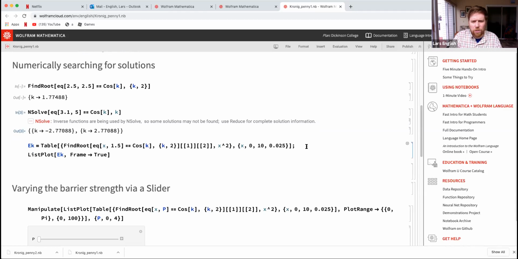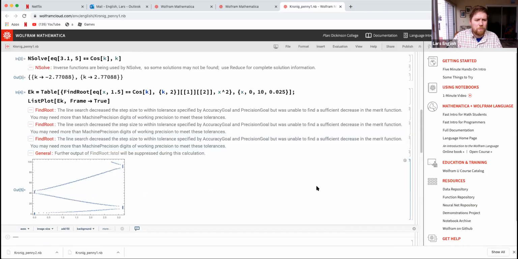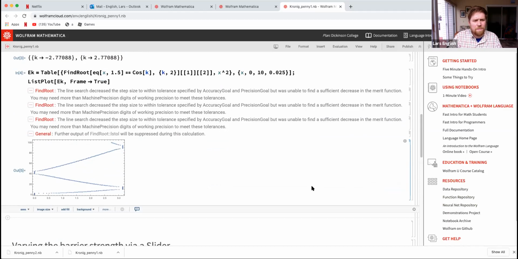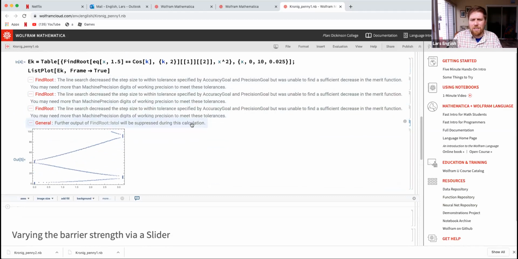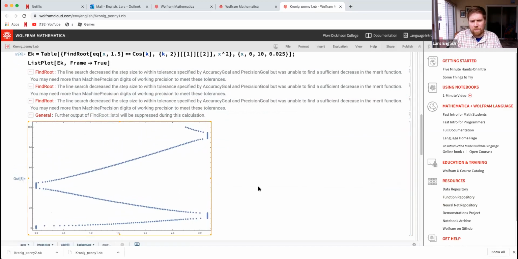Okay, let's see if this works. It does work, and it gives us a whole bunch of error messages up here, but it does spit out this particular graph, which I'm going to make bigger. So why the error messages?